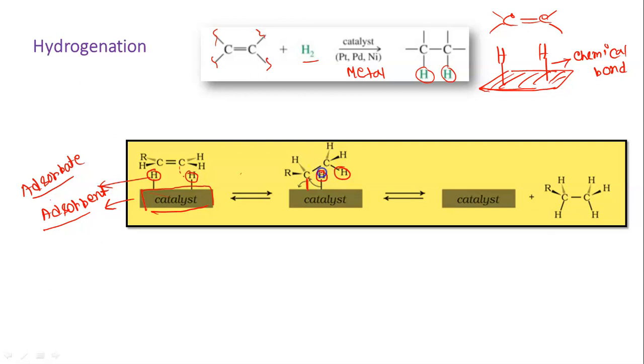Remember, it is not necessary that the second hydrogen atom be part of the original H2 molecule. It may be a hydrogen atom from any other H2 molecule also. That is possible, because on the surface there are so many hydrogens attached. Though for simplicity here only 2 hydrogen atoms are shown.